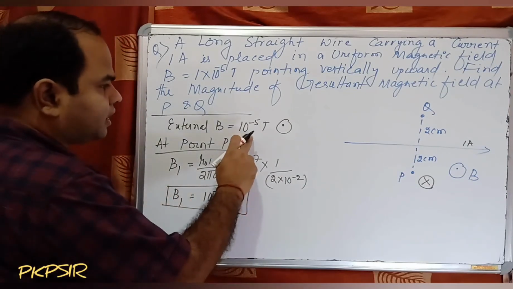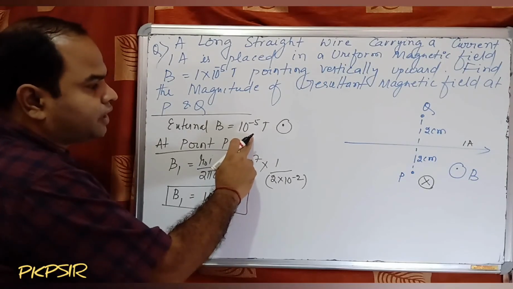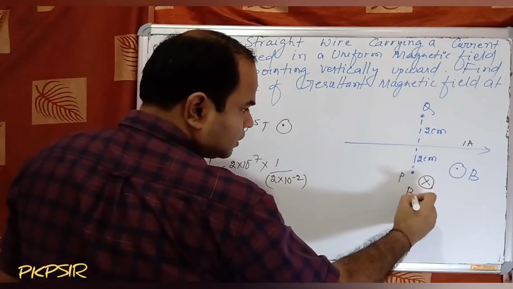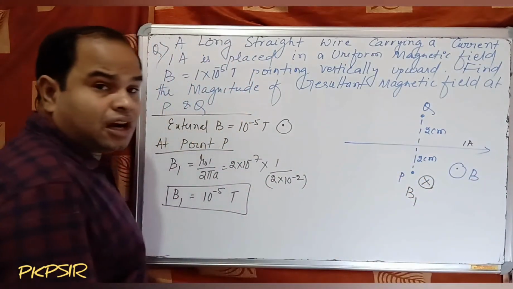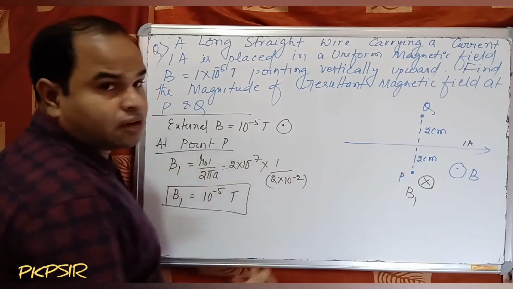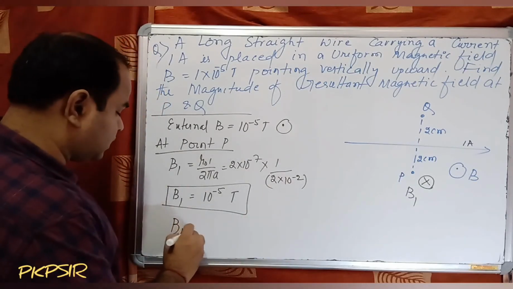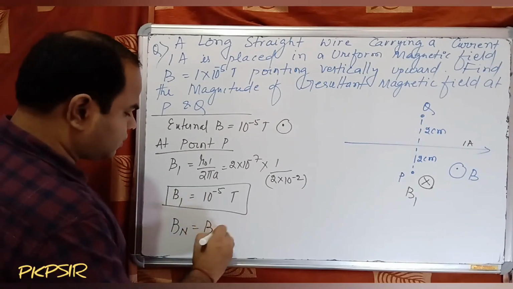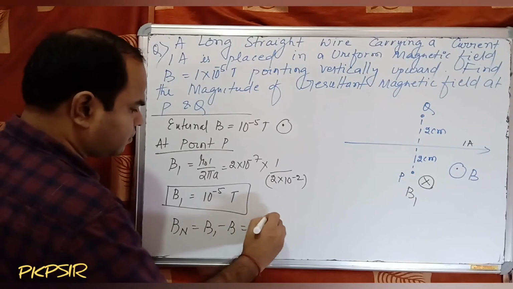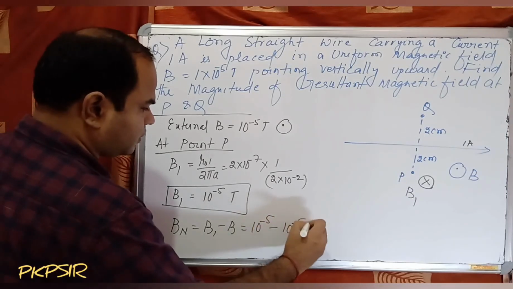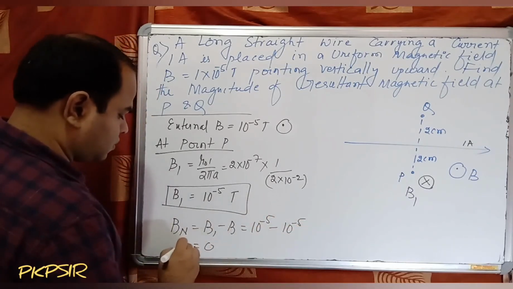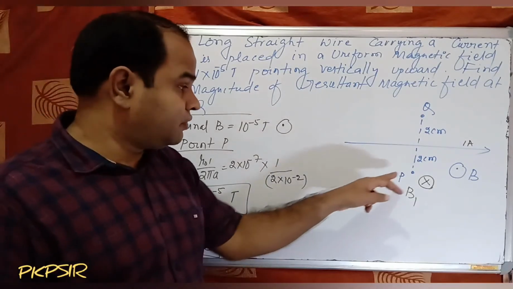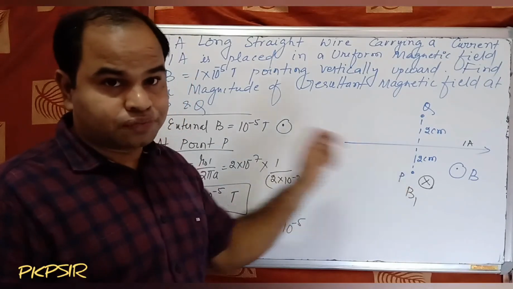The external magnetic field is 10 to the power minus 5 Tesla in the outward direction. So B1 is inward and B is outward. So one inward and one outward, the resultant will be bigger minus smaller. Both are equal, so B1 minus B is 10 to the power minus 5 minus 10 to the power minus 5, so the answer is 0. So B net, the resultant magnetic field at point P, is 0. Okay.